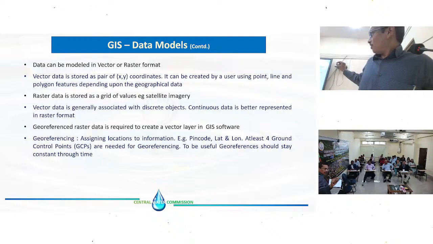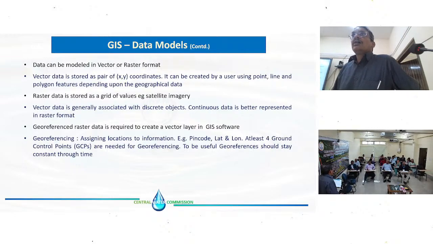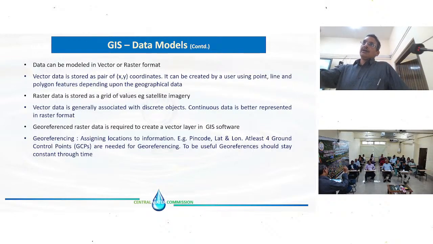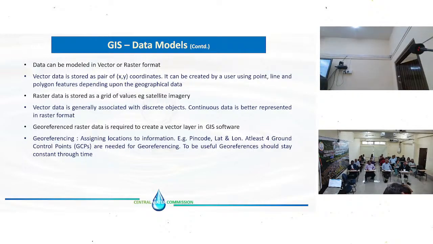Once you georeference, a georeferenced raster layer can be used for generating vector layers. There are tools known as digitization tools in GIS software. You just click on a button, and on this map there may be a river flowing in this direction.